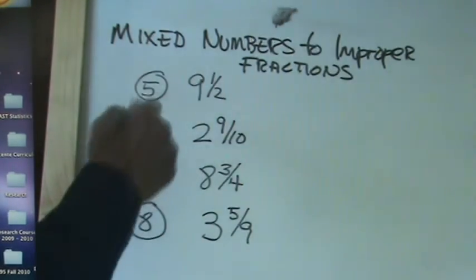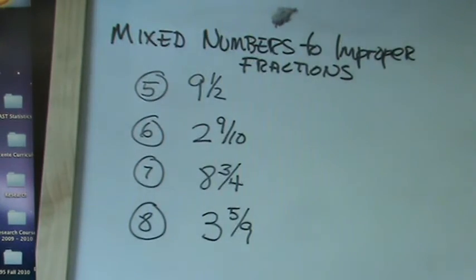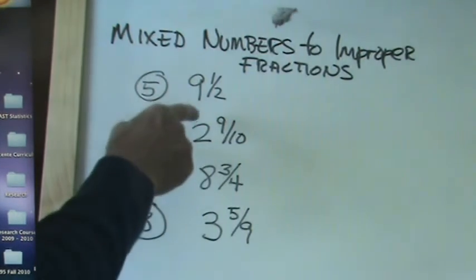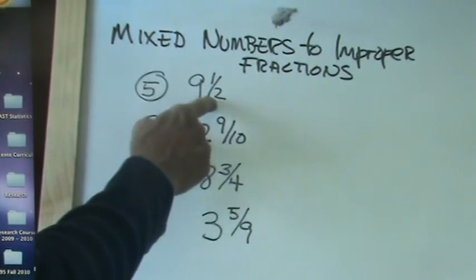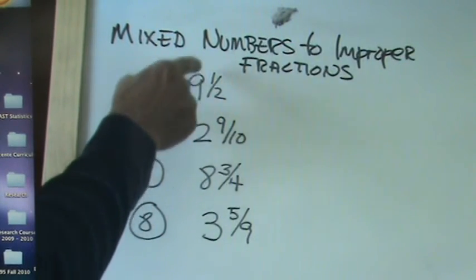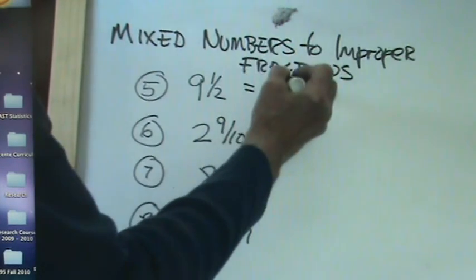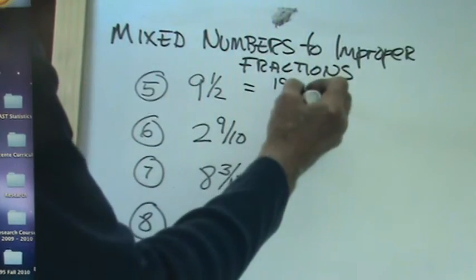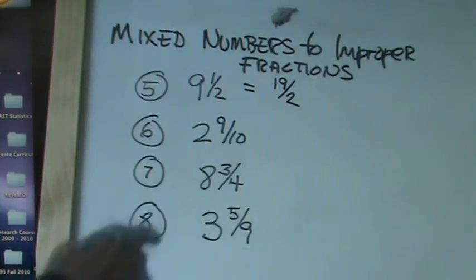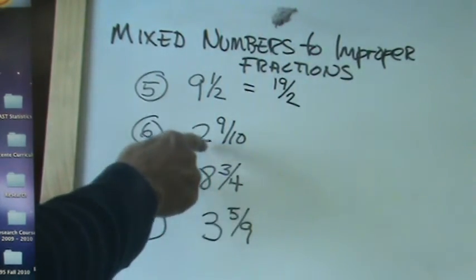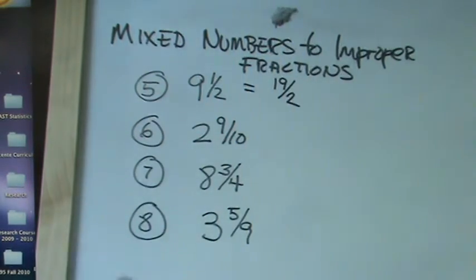Let's see, number 5. The denominator is 2. 2 times 9 is 18 plus 1, 19 halves. Number 6, we have the mixed number 2 and 9/10.